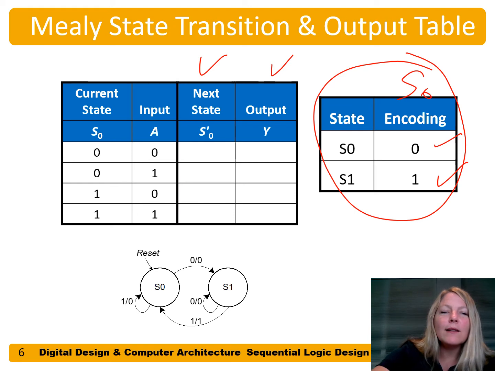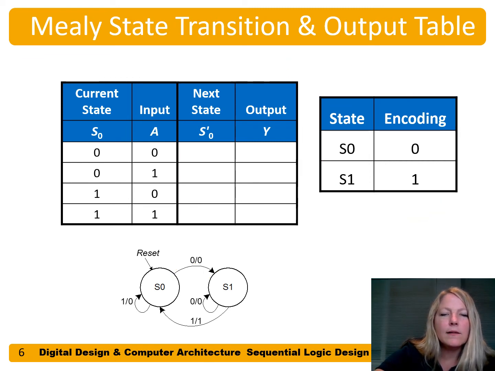And so if we're in state 0 and A is 0, so here's our A input, it is 0 there, then our next state should be state 1, which is encoded as 1, and Y should be 0.